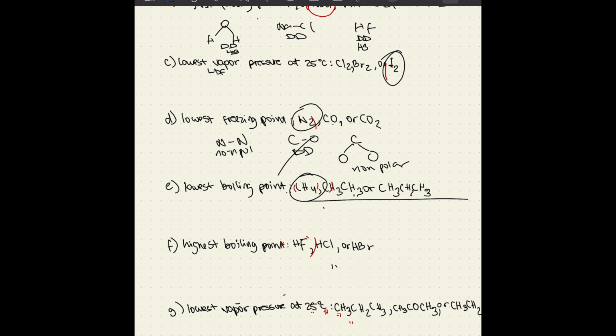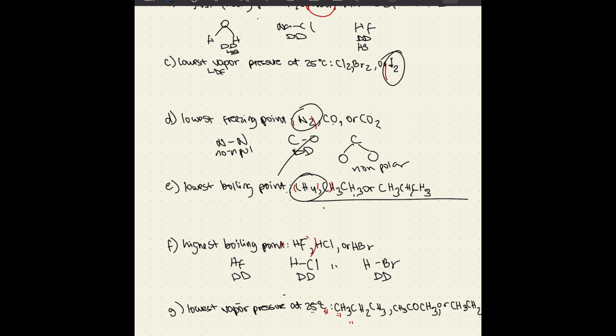Okay, so now let's see this. HF, HCl, and HBr. These ones have dipole-dipole, dipole-dipole, dipole-dipole.